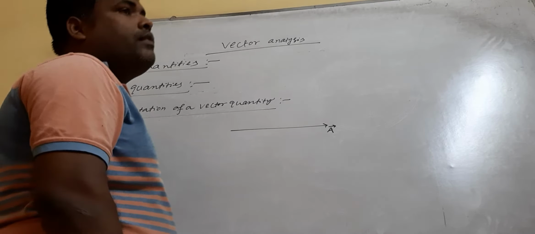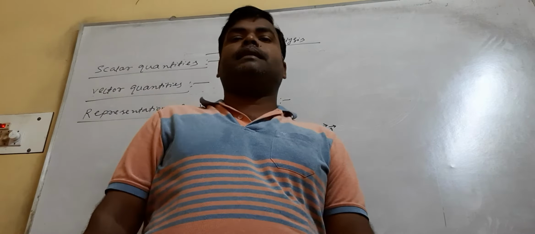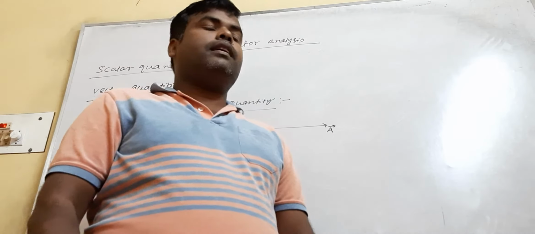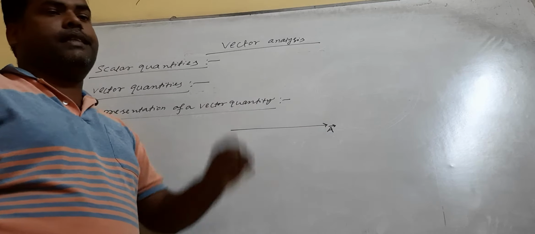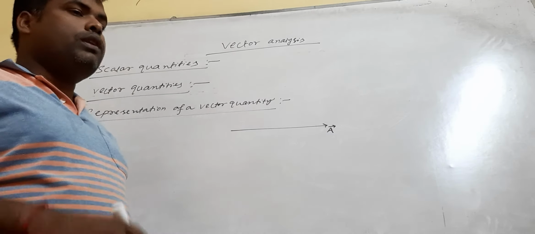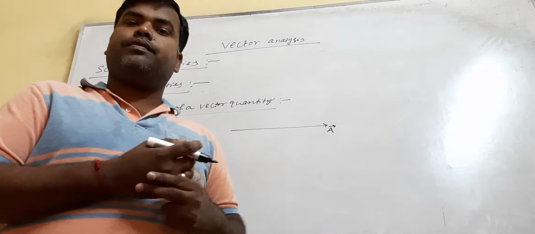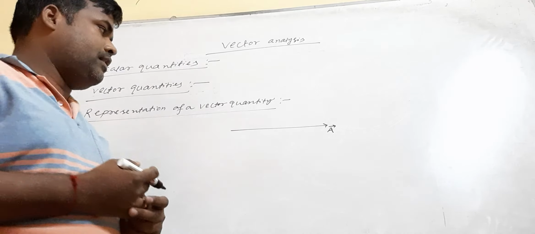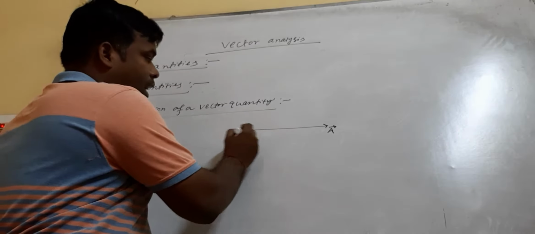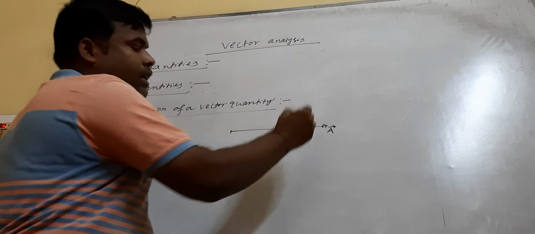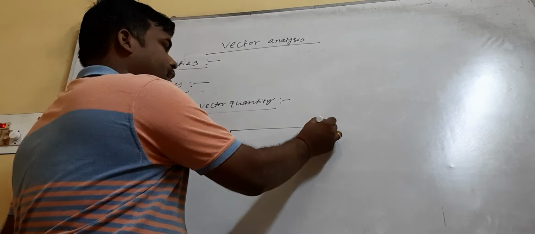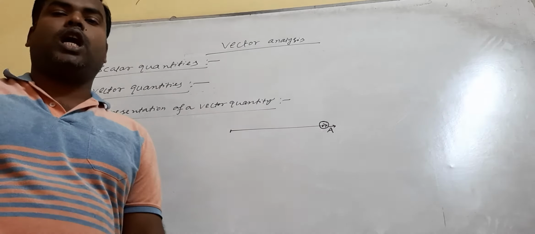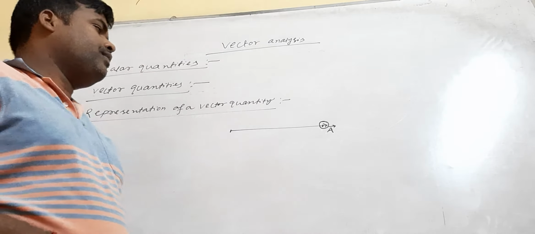You remember, a vector quantity is represented by a line with an arrow over it. The length of the line gives you the magnitude of the vector quantity, and the arrowhead gives you the direction of the vector quantity.